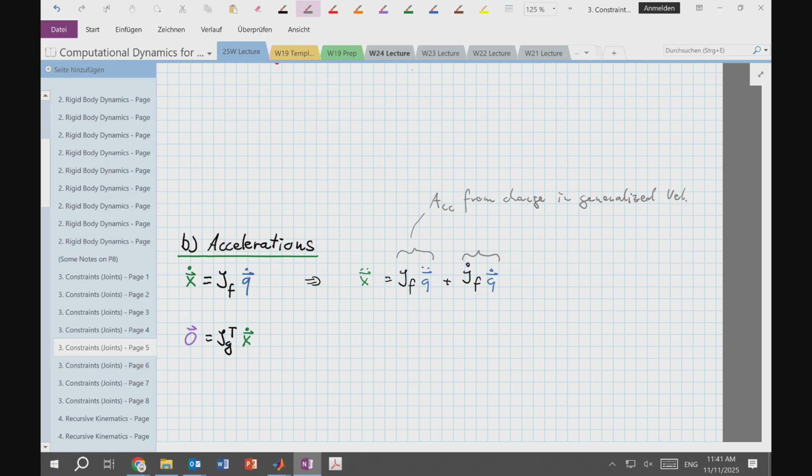Time derivative of a matrix. But if you think about what JF means, right, the directions in which you move, and if I put a dot over that, it means basically the directions in which you can move change. So we have here a change in the constraints, and we get an acceleration from changing constraints.